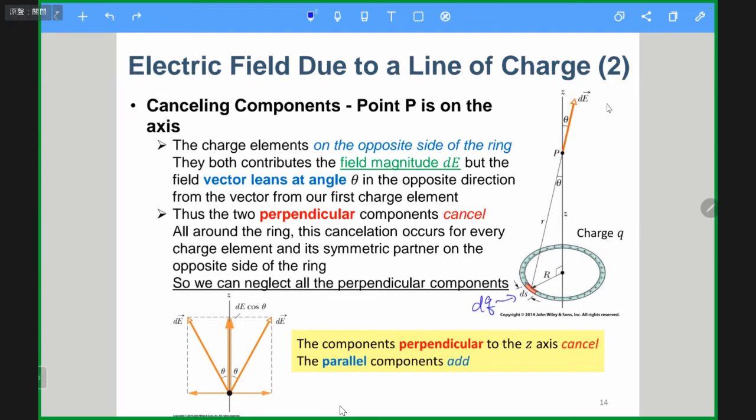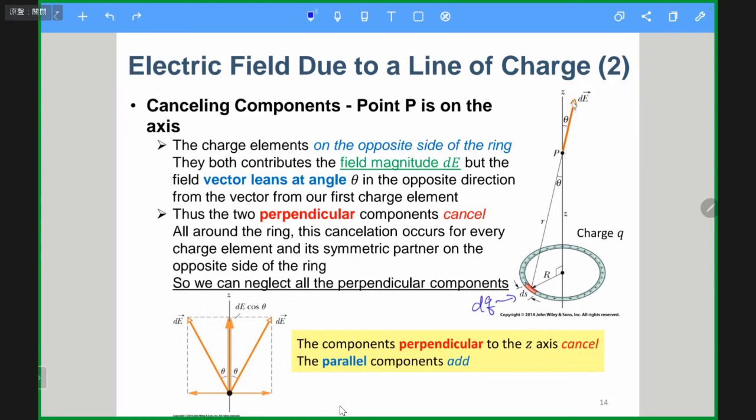So we try to have ds like this, and this is a positive charge element because the whole ring has positive charge. Considering this ds with dq, it will generate the E field at this point, pointing in that direction: you connect this one and the point P, and then extend it.